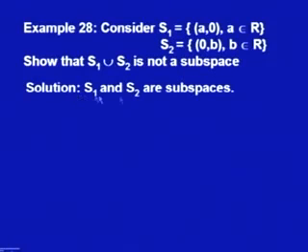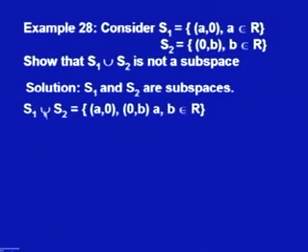Now, the first thing is, in the solution we show that S1 and S2 are subspaces. One can easily see that (A, 0), A belongs to R, is a vector space. S2, (0, B), is also a vector space. So, S1 and S2 are subspaces of R2, because this is a subset of R2, this is also a subset of R2.